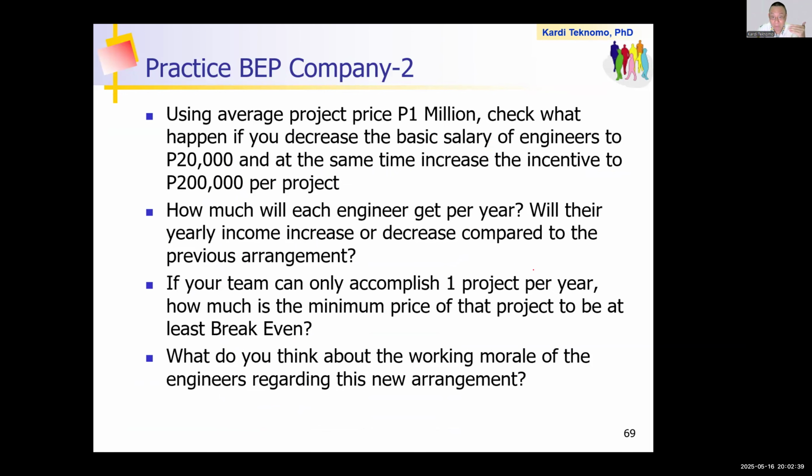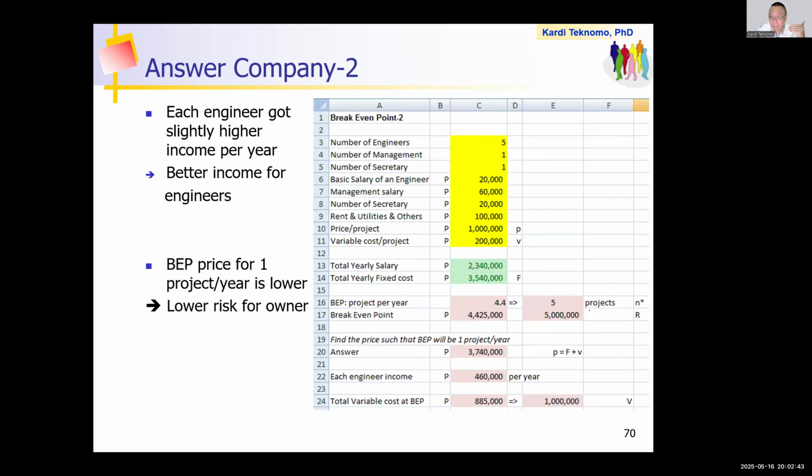So what will happen if you do that? Assuming, of course, the same PEP, 5 projects per year, then you will see the engineer income is actually increased per year.